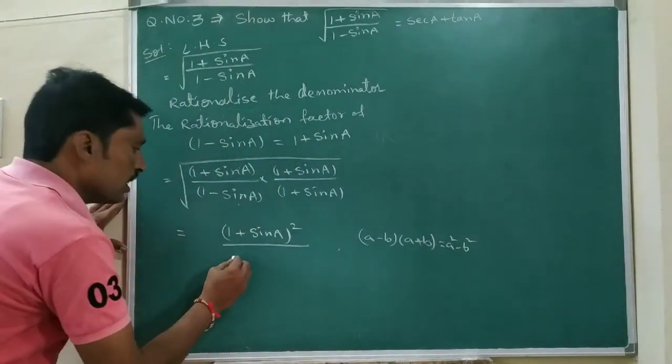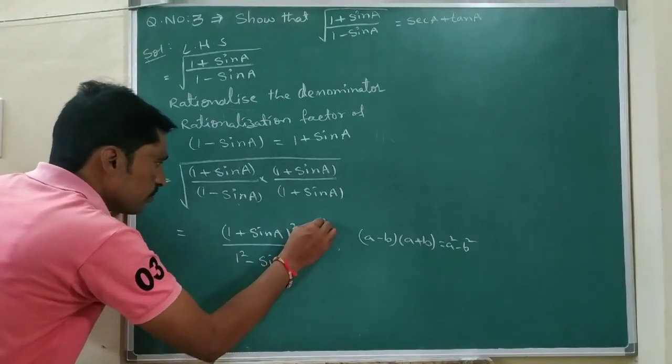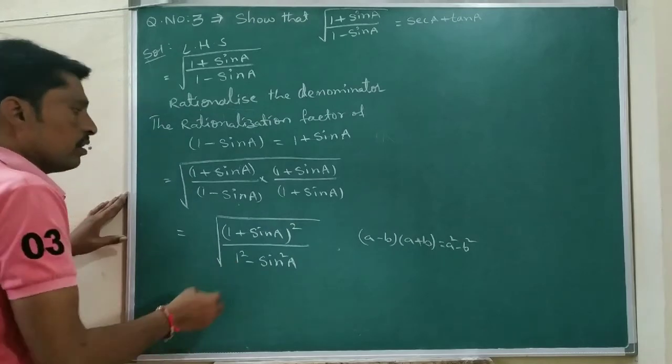So A square means 1 square, minus B square means sin square A, under root as it is.